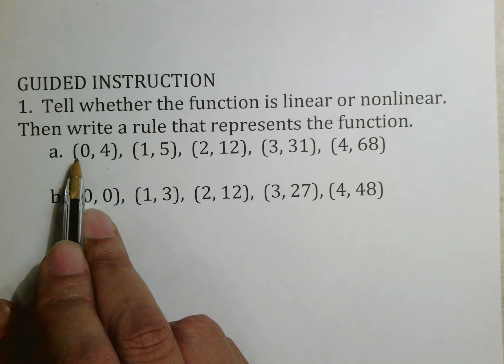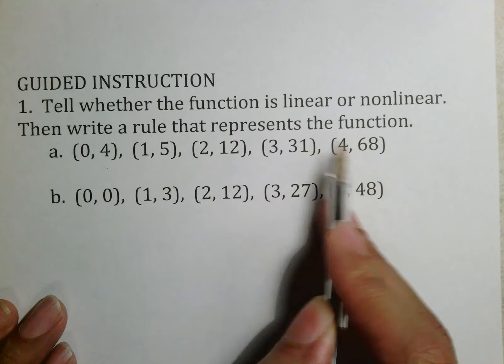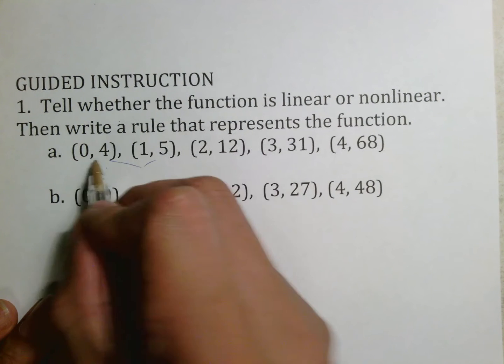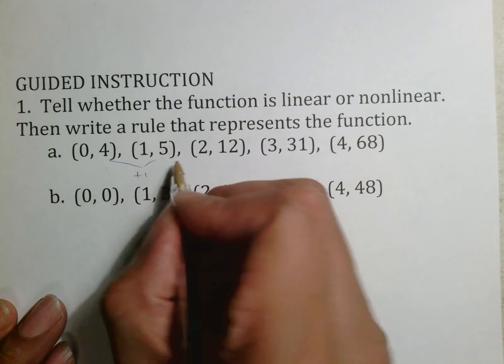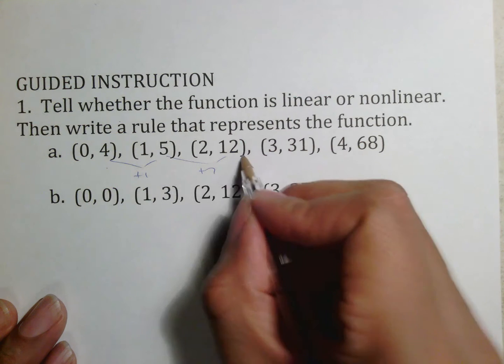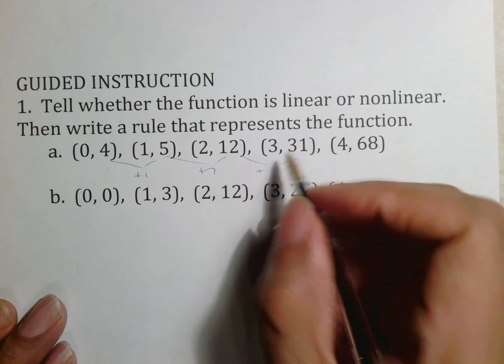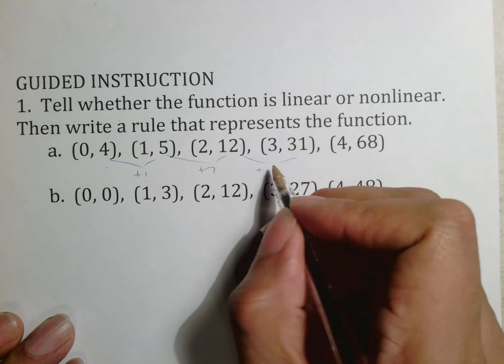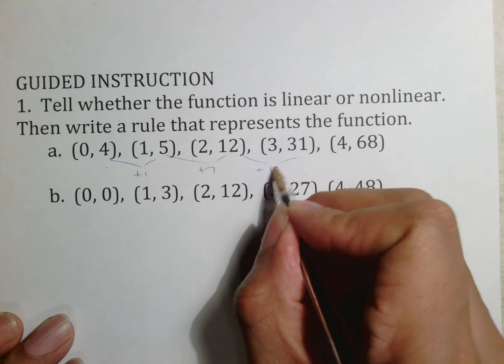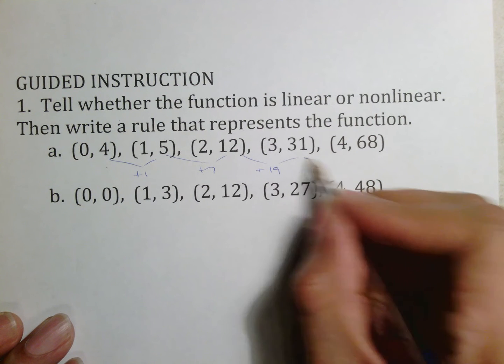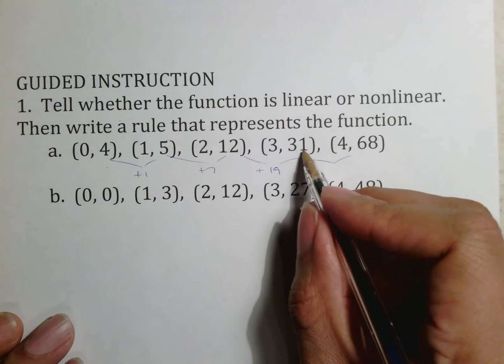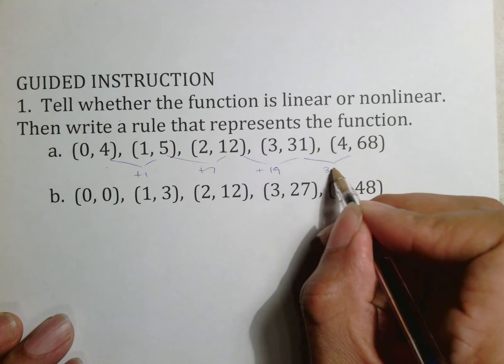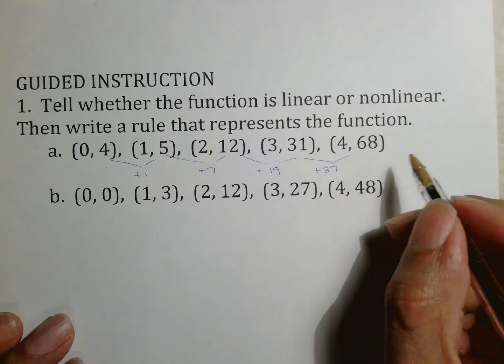The first thing was that my x's went 0, 1, 2, 3, 4, which is good. I checked the common differences. This is plus 1, this is plus 7, this is plus 19, and this is plus 37.